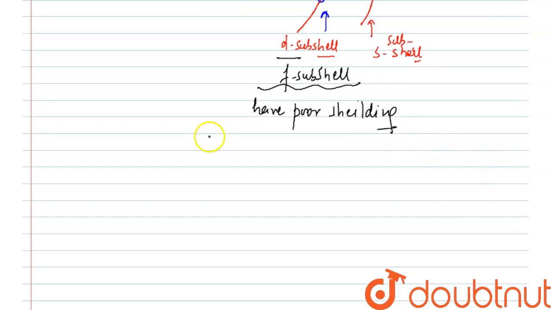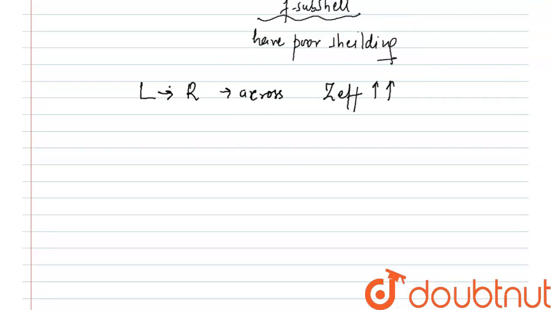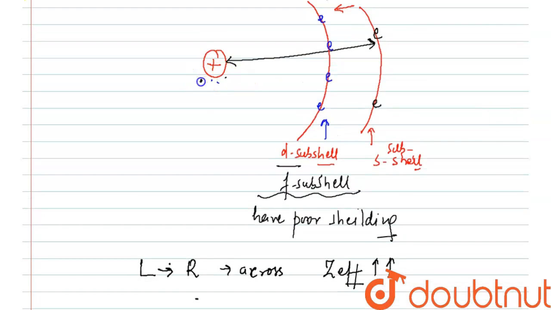Also, if we go from left to right across a period, we know that Z effective increases. Why? Because the number of protons is adding up, as the atomic number is increasing. So the nuclear attraction is getting stronger and stronger as you go across, and the d subshell is not creating any good shielding effect.